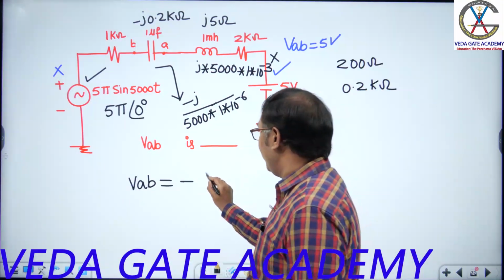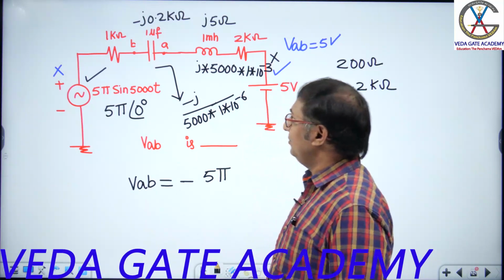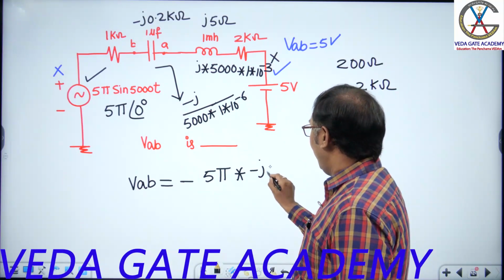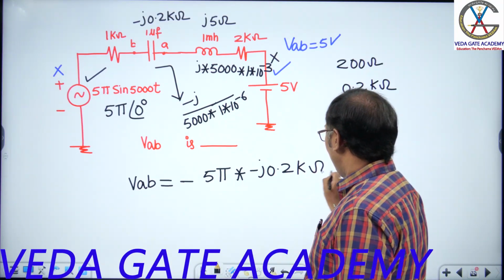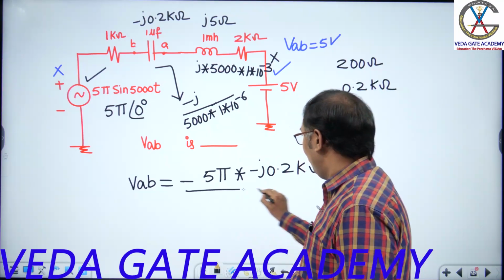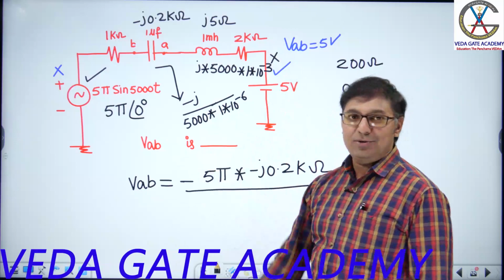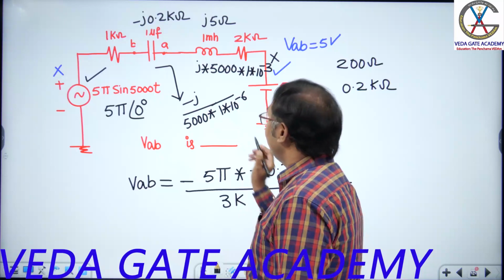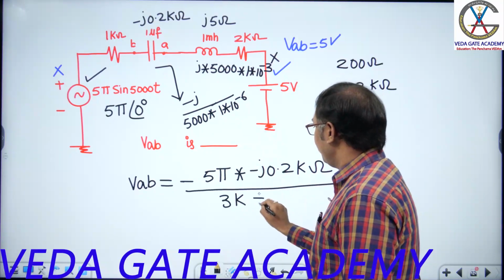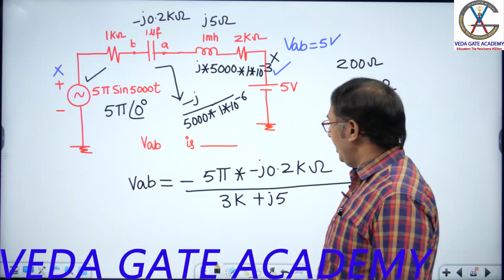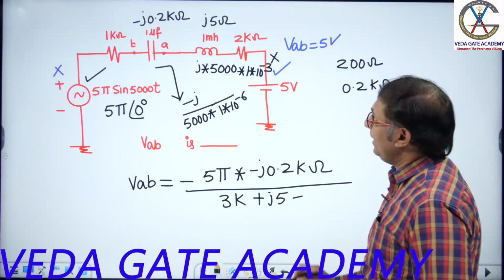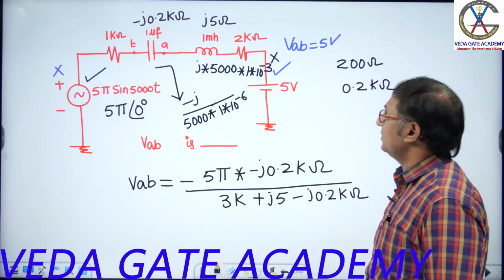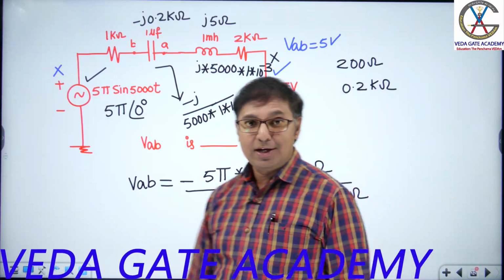Tell me what you get. 5 pi into minus j 0.2 kilo ohms by the total impedance value, 1k plus 2k, 3k, plus j5, minus j 0.2 kilo ohms.